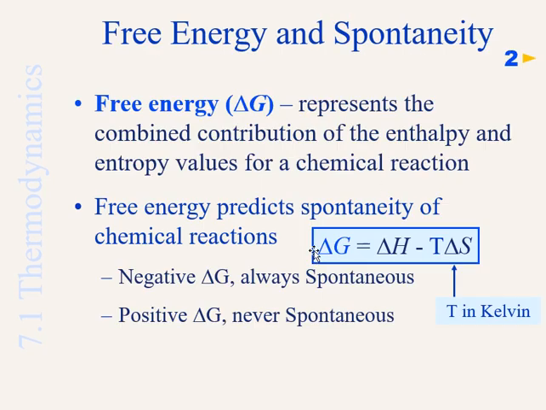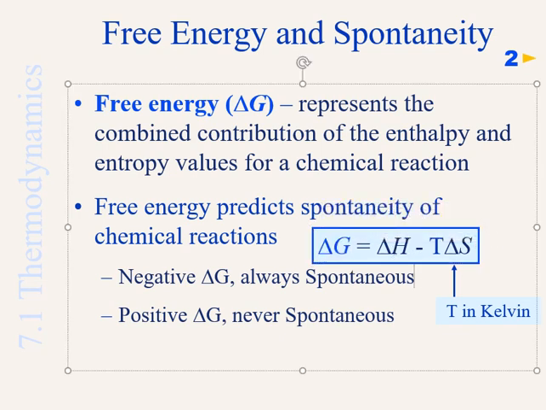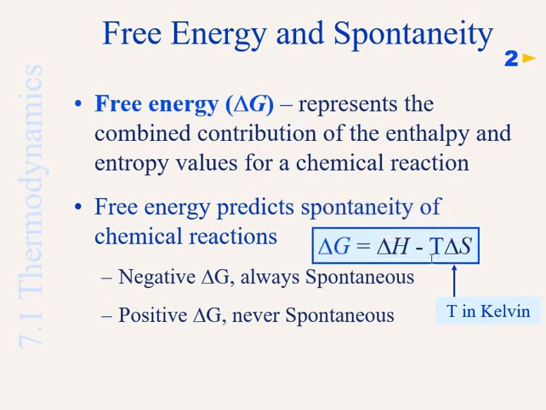So the equation that takes delta H and delta S together is known as the free energy equation, here given to us as free energy delta G equals delta H minus T delta S. T here stands for temperature in Kelvin. Delta H is the change in enthalpy, whether the reaction is exothermic or endothermic, and delta S is the change in entropy, whether there is greater disorder through the reaction or less disorder.